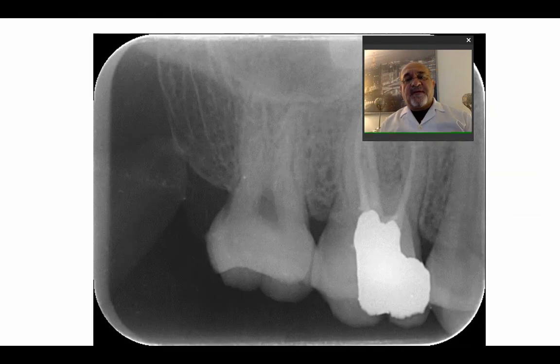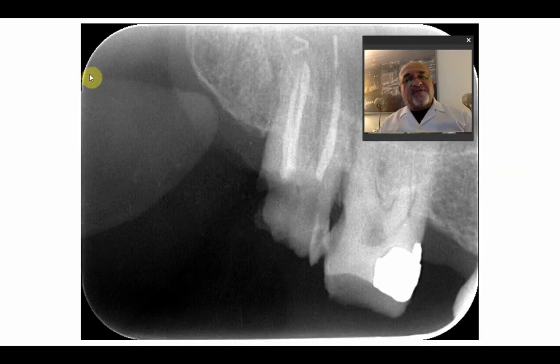Okay. I just want to talk about this, and I will talk about it in the coming slide. See this triangular radio-opacity here? Strangely, this is the coronoid process of the mandible. See what happens when you put the film inside on the palate, just to have an image of the molars. You ask the patient to open.